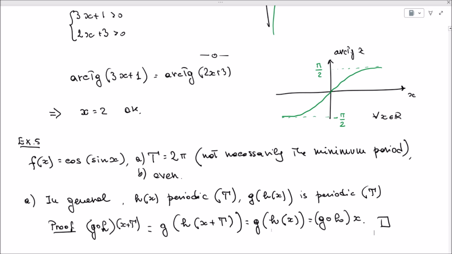So this finally proves that the compound function g compound h is periodic with the period T.